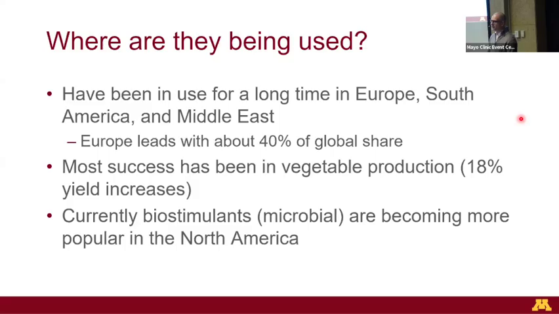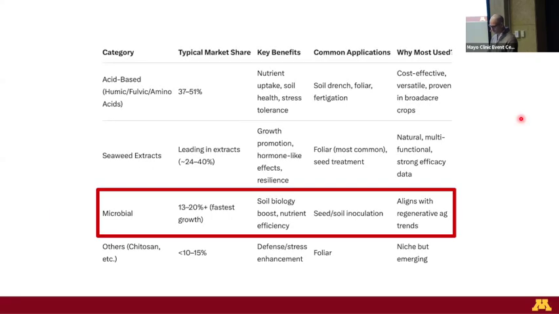They have been mostly used and successful in vegetable production, but a lot of other farmers with grain crops also have been testing some of those products, particularly the biological ones, the microbial inoculants. Especially the microbial ones are becoming very popular in the United States, especially over the last 10 to 15 years. There's a lot more development and a lot of products hitting the market. So it's becoming a big deal.